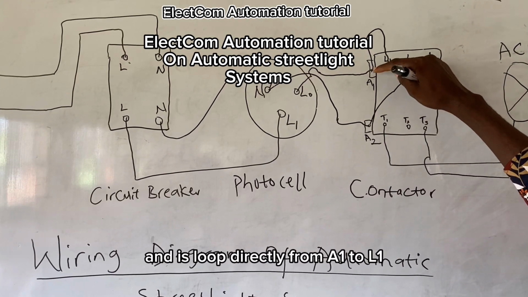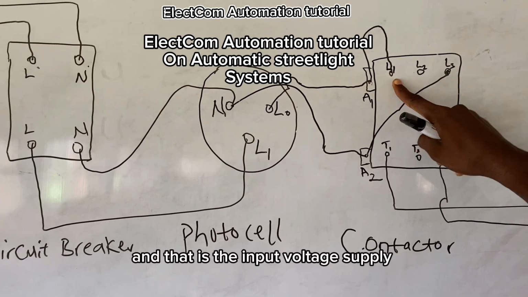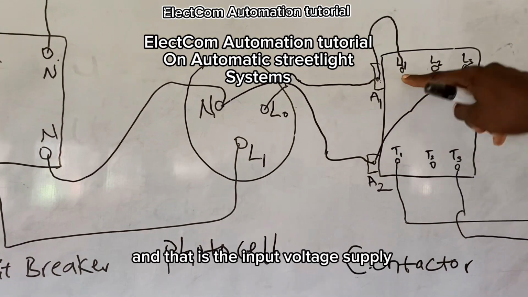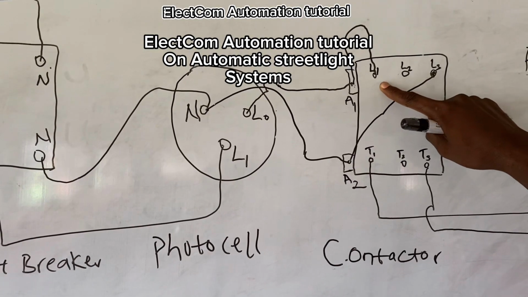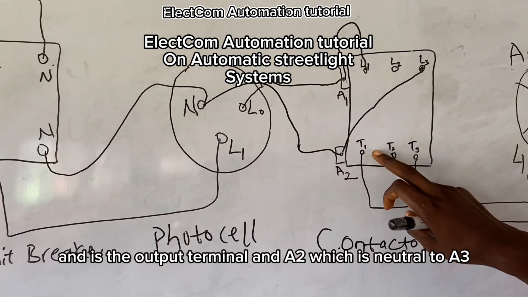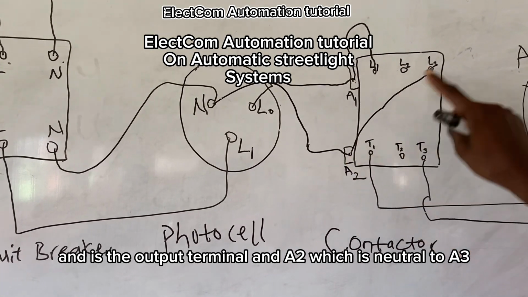It's looped directly from A1 to L1, and that is the input voltage supply to the input terminal of the contactor, and this is the output terminal. And A2, which is neutral, goes to A3.